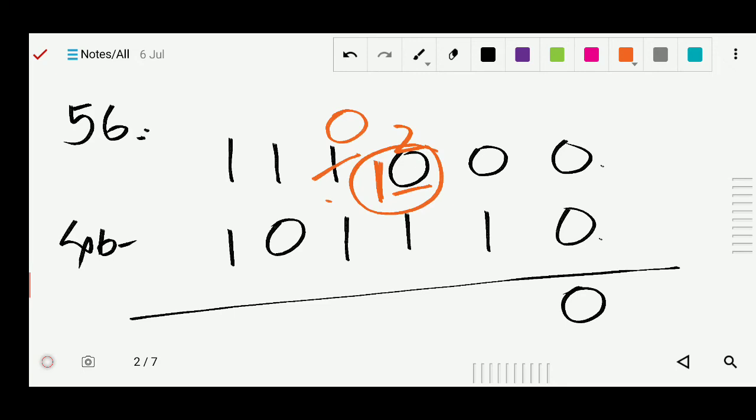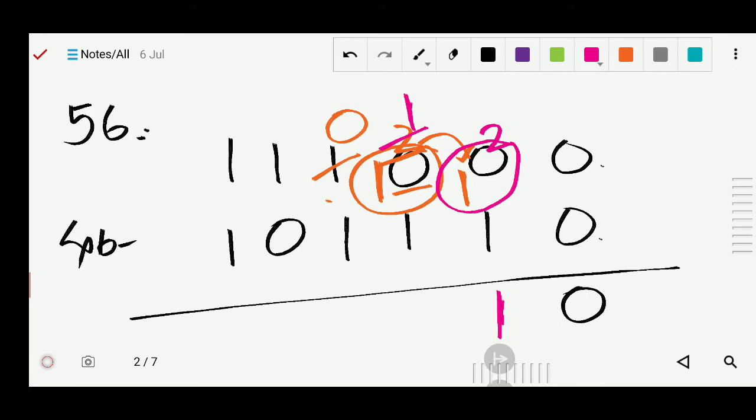This 2 will give 1 here, so now here will be 10. Now this 2 itself, 2 minus 1 because it has given 1, becomes 1. And now here is 110, again this is nothing but 2. 2 minus 1, or 10 minus 1, exactly this is 1.